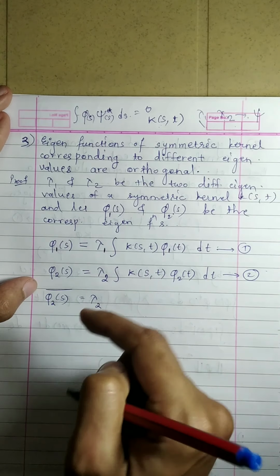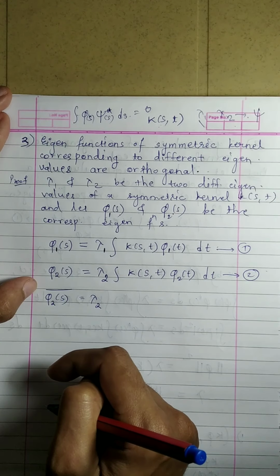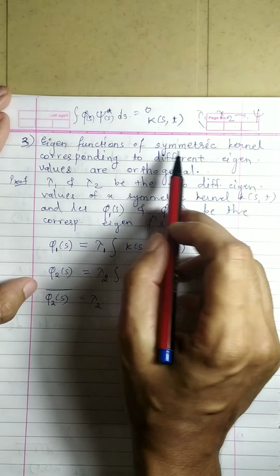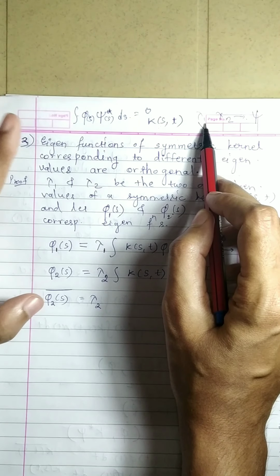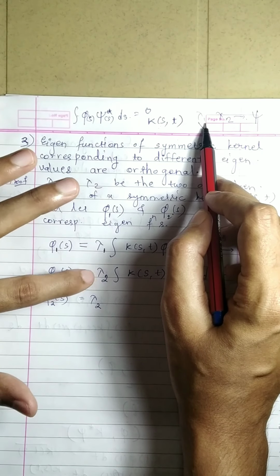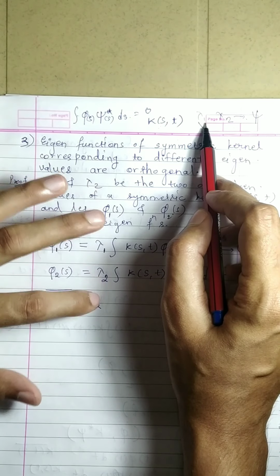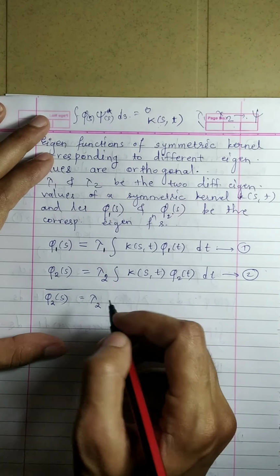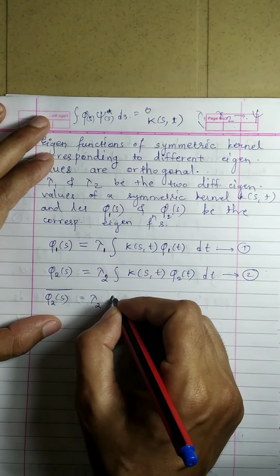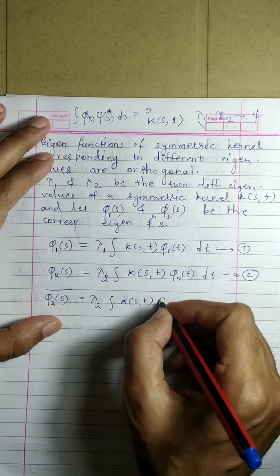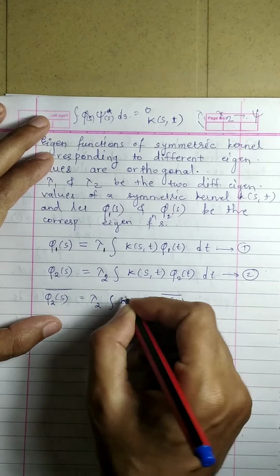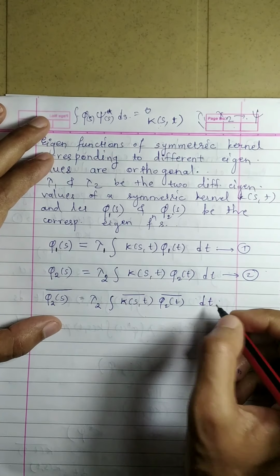The reason is, just now we have proved the property that if K(s, t) is a symmetric kernel, then whatever are its eigenvalues, they will be real. So the value and its conjugate will be the same. So I will write it as lambda 2 only, and this will be integral K(s, t) phi 2(t) conjugate dt.